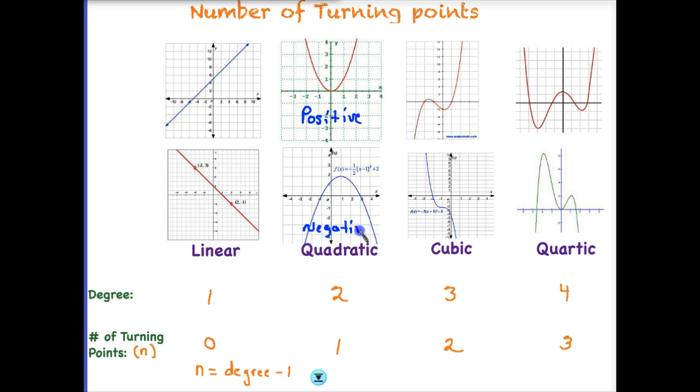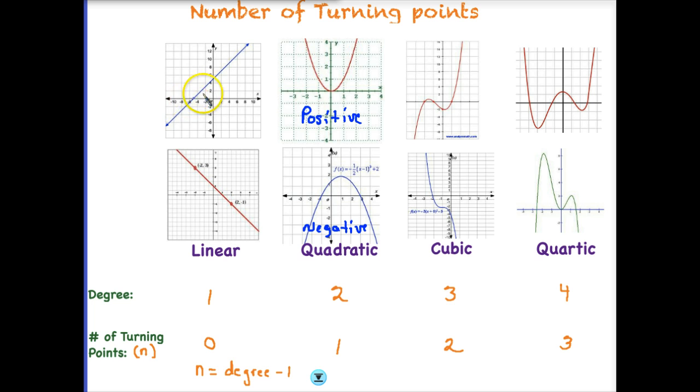So those are pretty easy, and we just finished studying those. And if you remember, when they're negative, the coefficient in front of your highest degree will also be negative. It's hard to see, but in this equation we have a negative 1/2. So that leading coefficient would be negative in order for it to open down. Now let's go back to the linear functions, because that's how we'll look at cubic.